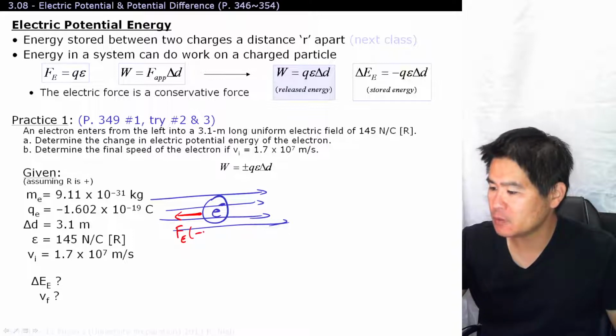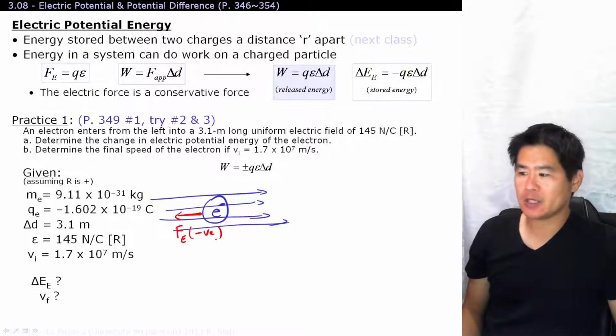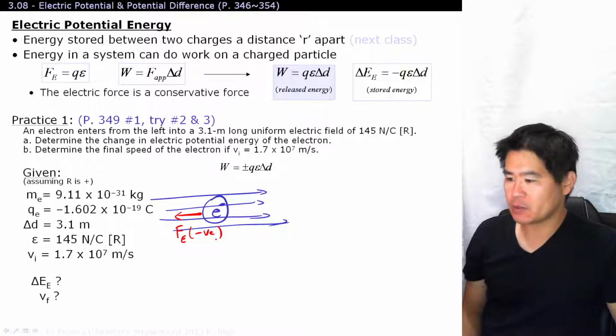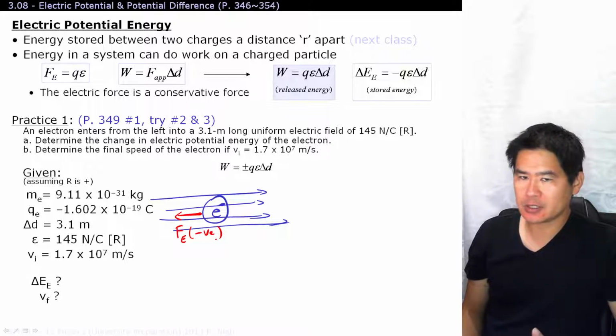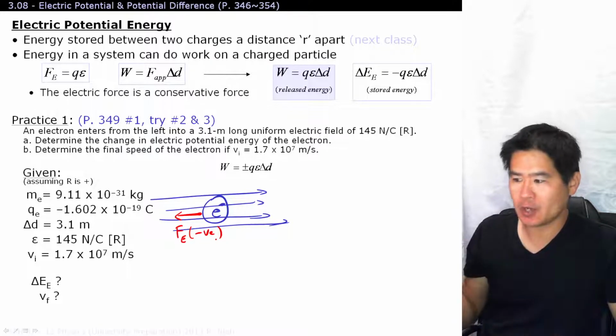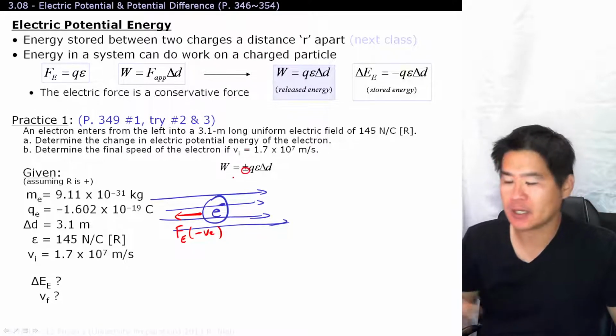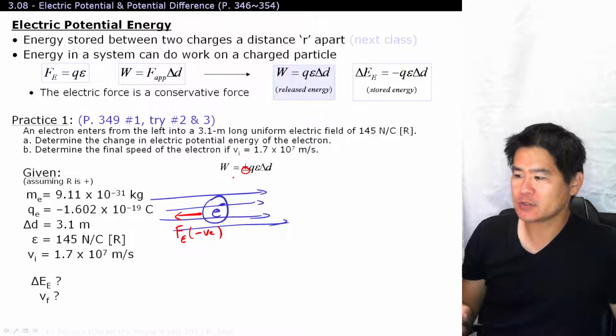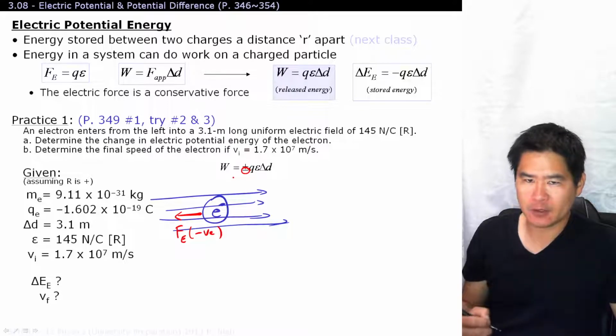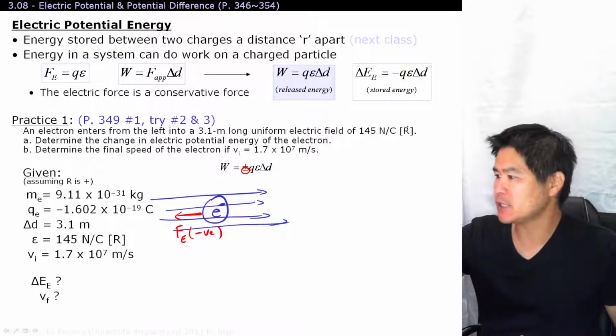Minus, just as a reminder, it will be negative. So the corresponding work done on this will be a negative answer, because the field is in the opposite direction of where the object is moving. Again, the negative answer is not based upon the charge or the E field, because the E field is a vector quantity at the end of the day. This one is just telling us it's moving towards the right.